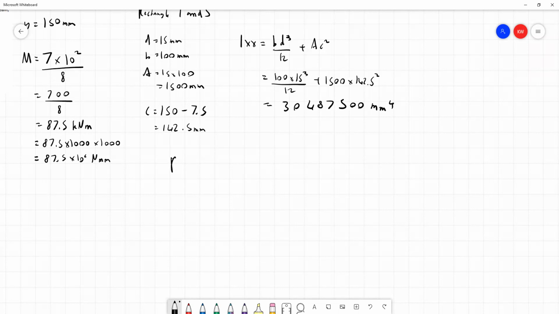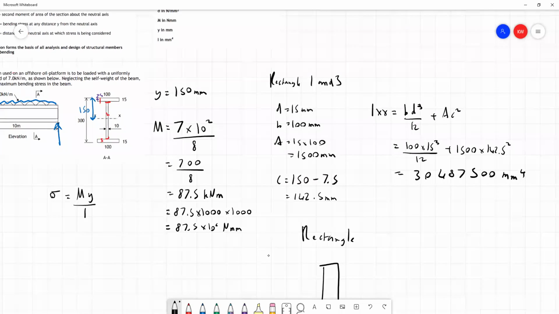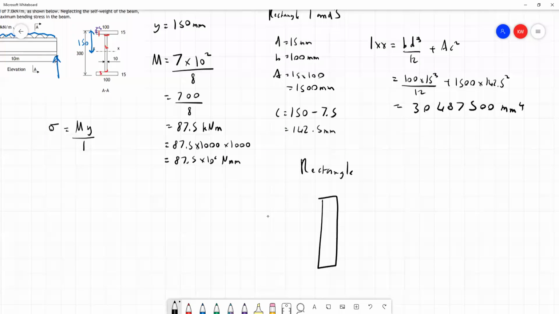For rectangle 2, then we're just dealing with a thin rectangle of this order. Looking back at our diagram, we can see it has a width 10 and its depth, the height of it, has to be equal to 300 minus the height of the two flanges.